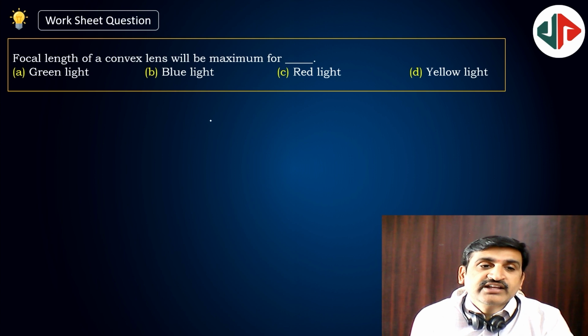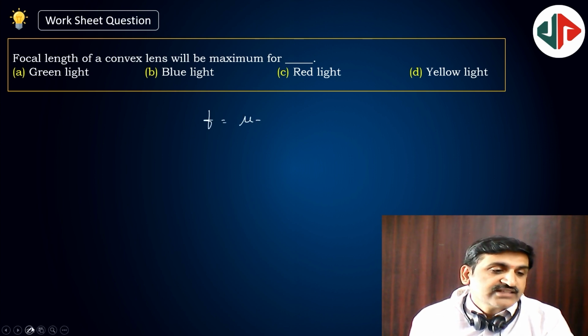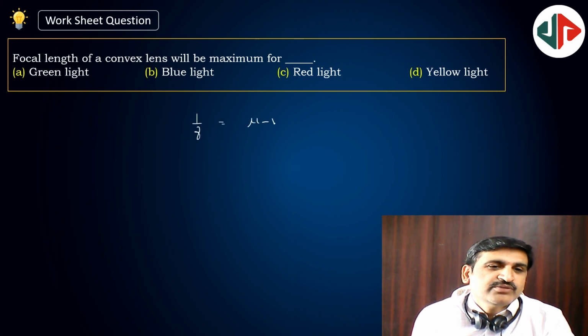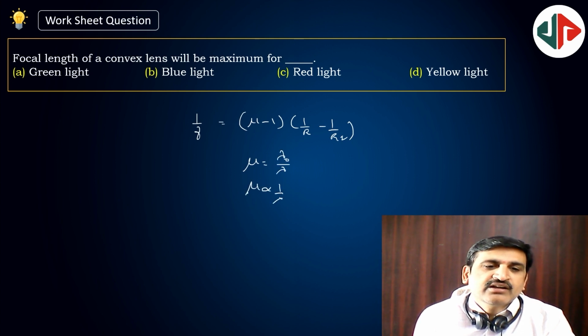No sir, I want a formula. Then you have the lens maker's formula: 1 by F is equal to (mu minus 1) into (1 by R1 minus 1 by R2). And you know mu is equal to lambda naught by lambda. So mu is inversely proportional to lambda, and inversely proportional to focal length. So focal length is directly proportional to lambda.